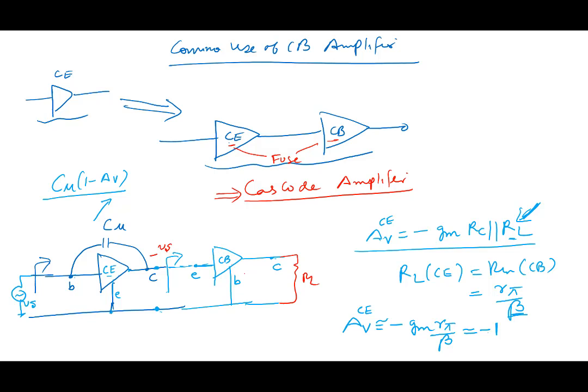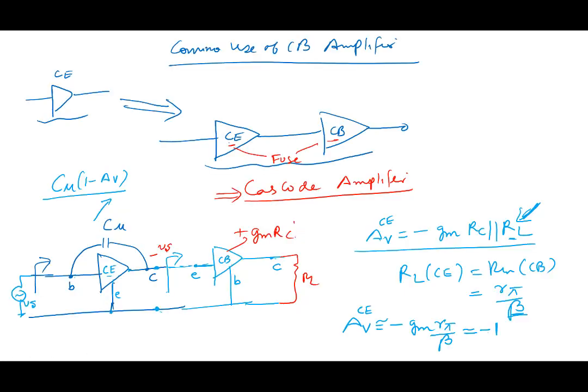The common base gives you a gain of how much? Plus GM RC parallel RL. So overall gain, what happens? V0 by Vs is plus here, minus GM RC parallel RL.